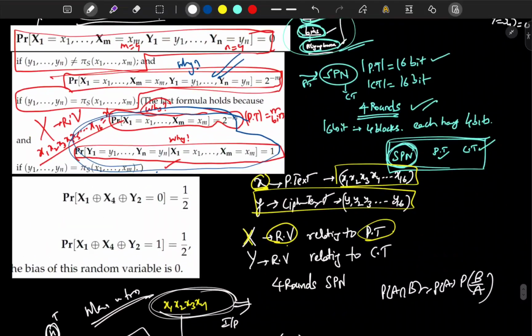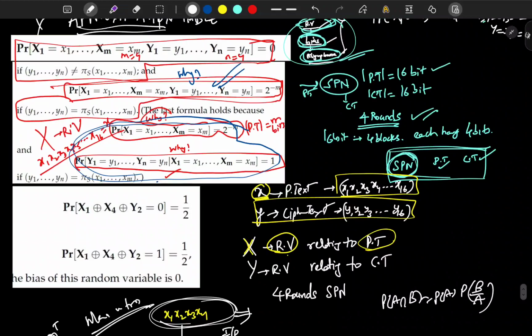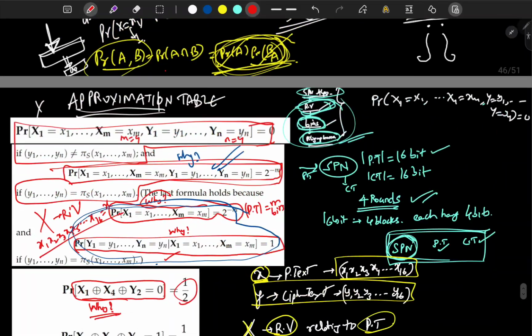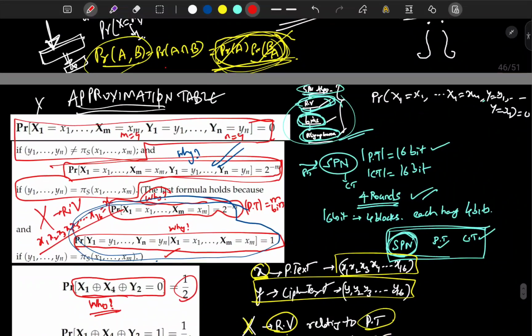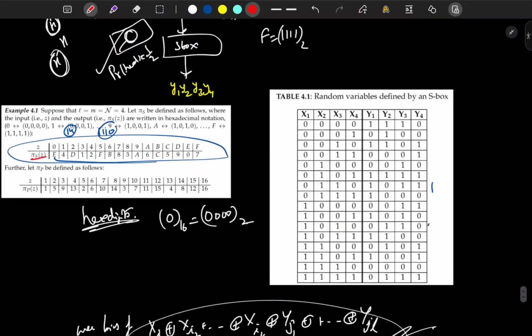For example, just take this one. Tell me, the probability that x1 xor x2 equals 0 is 1 by 2. Why? Because for this one you have to see this table. Actually this is step 1.